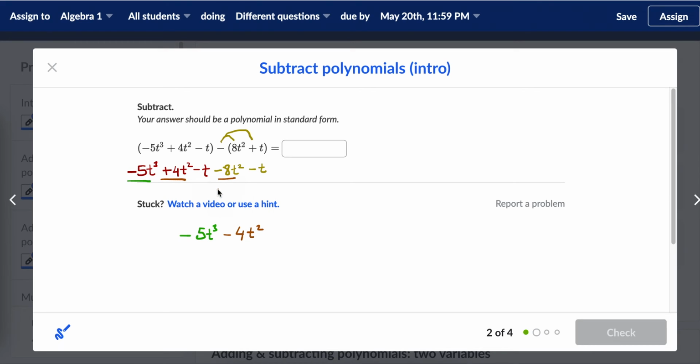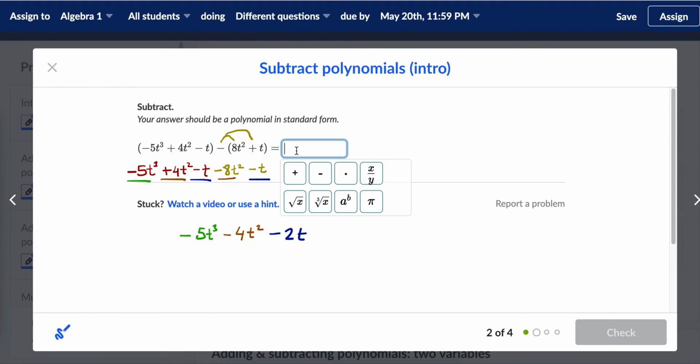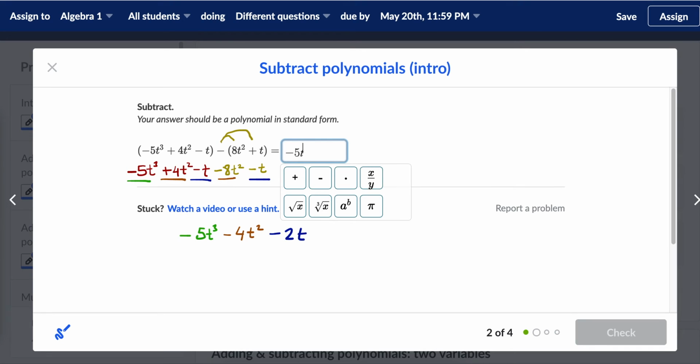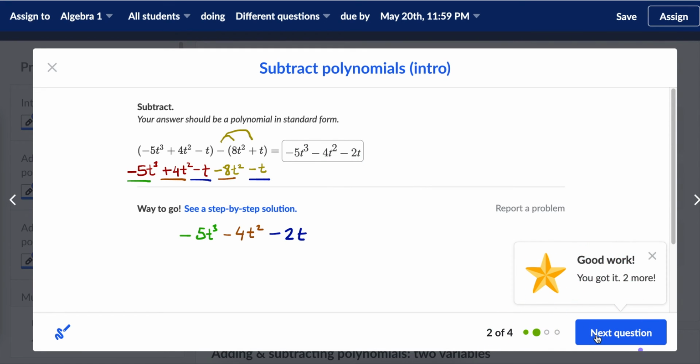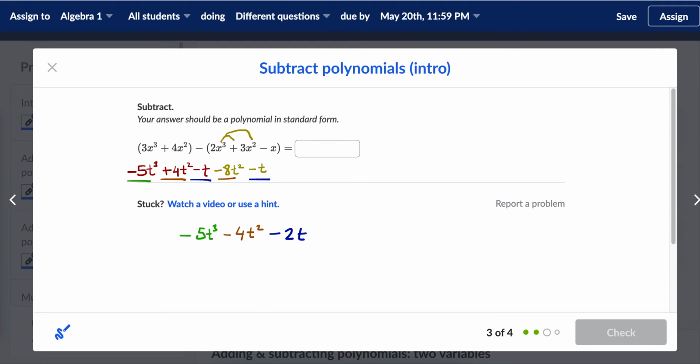And then we've got our t, which is our negative t and negative t, that's negative 2t. Same idea as what we're doing with addition, but just that we're changing the signs in the second parentheses. That's all there is to it.